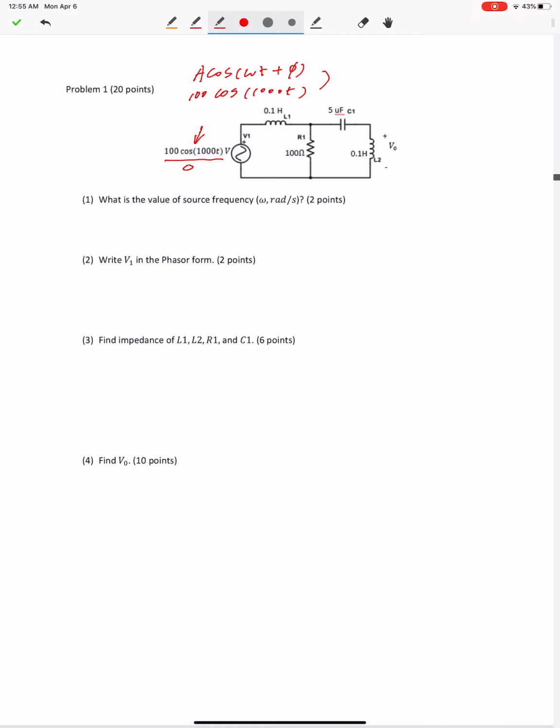So we can compare these two expressions, and you can find capital A is 100, omega equals 1000, and phi equals 0. A is the magnitude of this source function, omega is the source frequency, and phi is the phase angle.